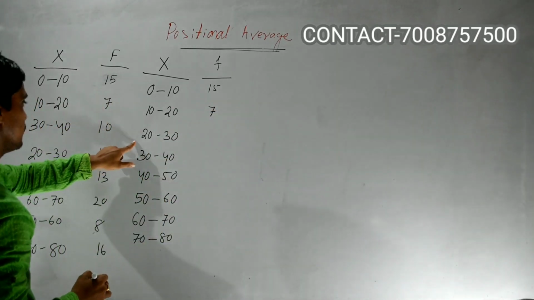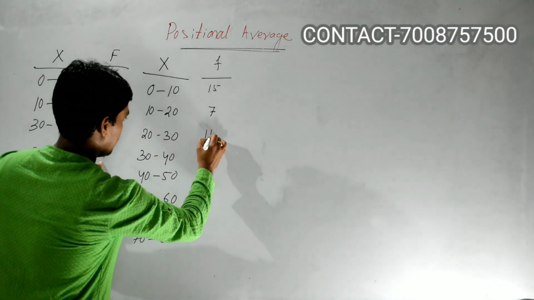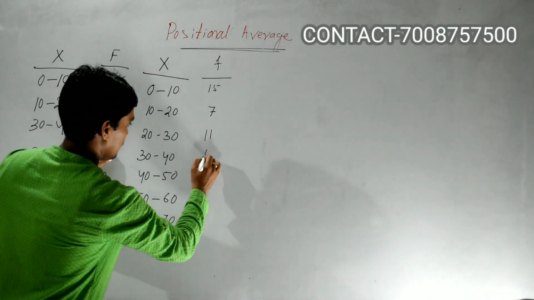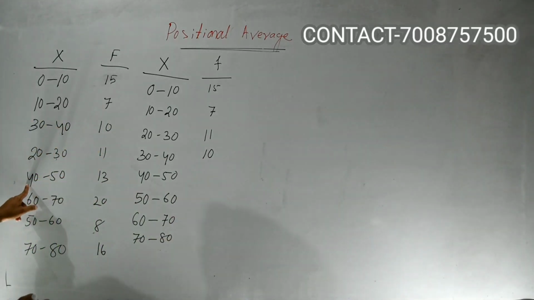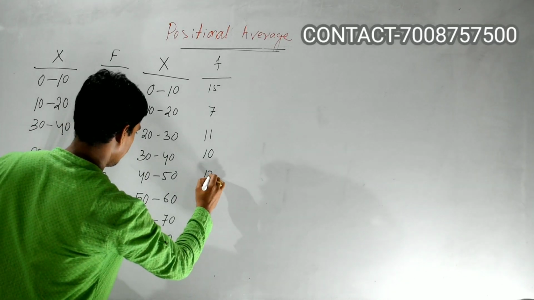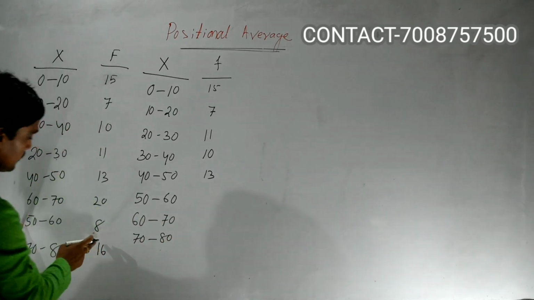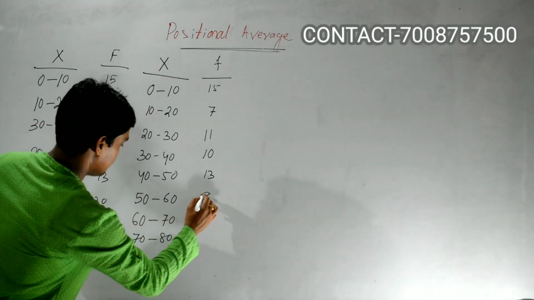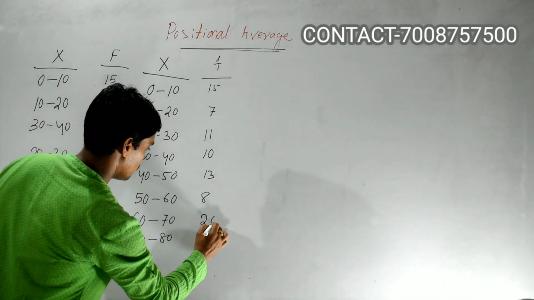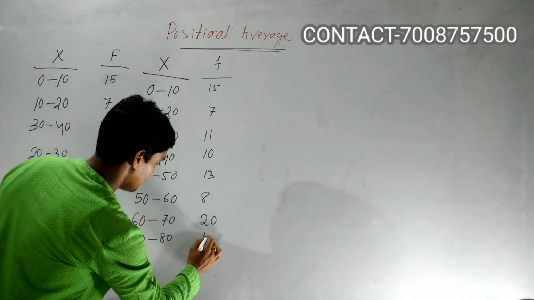7, and the frequency of 20 to 30 is 11, the frequency of 30 to 40 is 10, the frequency of 40 to 50 is 13, the frequency of 50 to 60 is 8, the frequency of 60 to 70 is 20, and the frequency of 70 to 80 is 16.